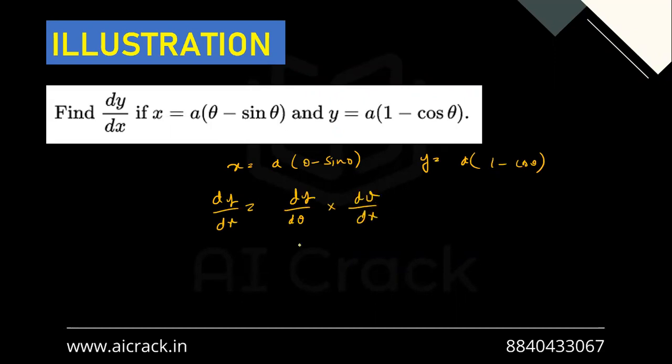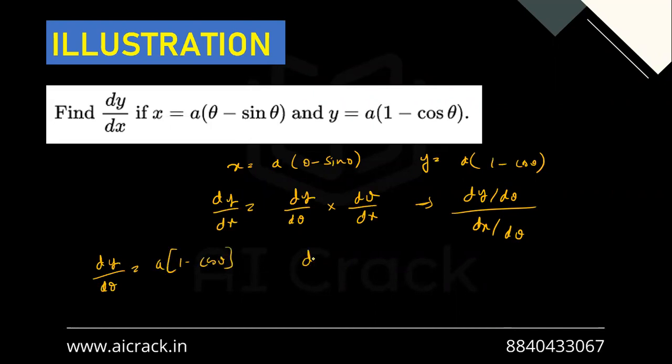I'll just take it towards the denominator. So that would give me dy by d theta divided by dx by d theta. So dy by d theta would be a times (1 minus cos theta), and dx by d theta would be a times (1 minus cos theta)... a times sine theta, right? Now you just have to divide it. That would give me a times (1 minus cos theta) divided by a times sine theta.